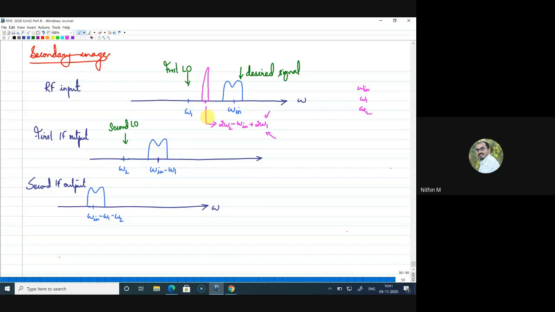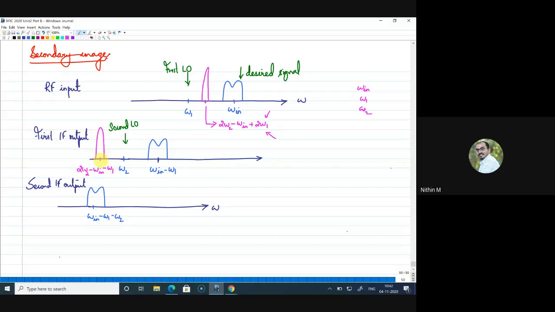Since it goes through the first mixer, this component will be mixed with omega 1, right? You will get sum and difference components, but since there is a low pass filter, I am looking actually for the difference component. So we will have another component here. Let me mark it as 2 omega 2 minus omega in minus omega 1, right?